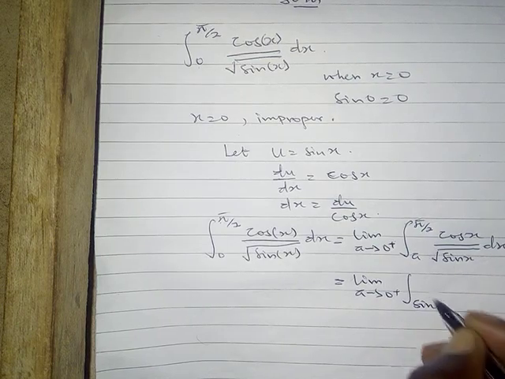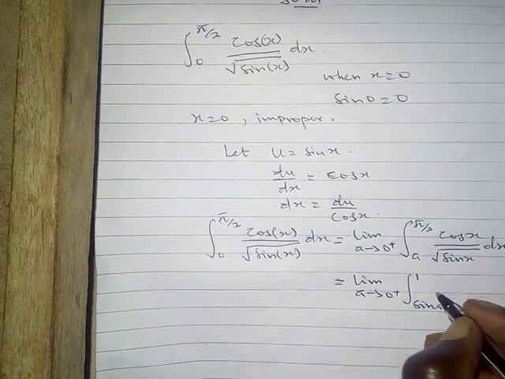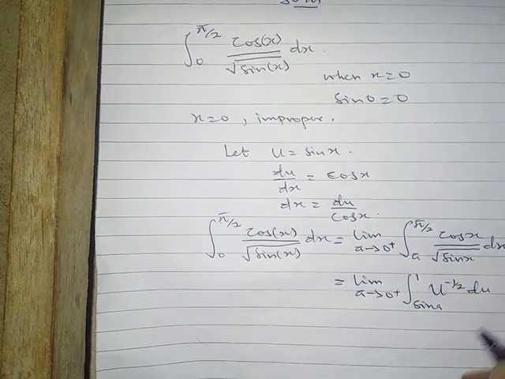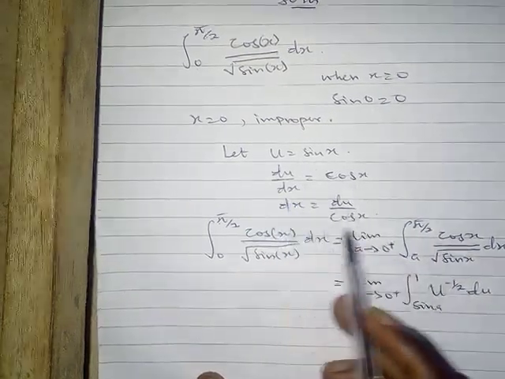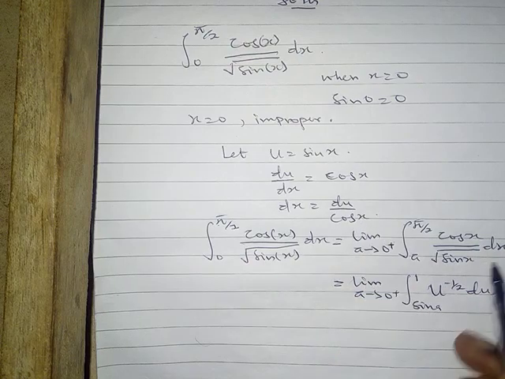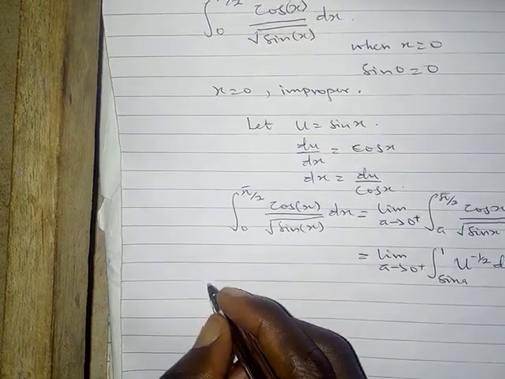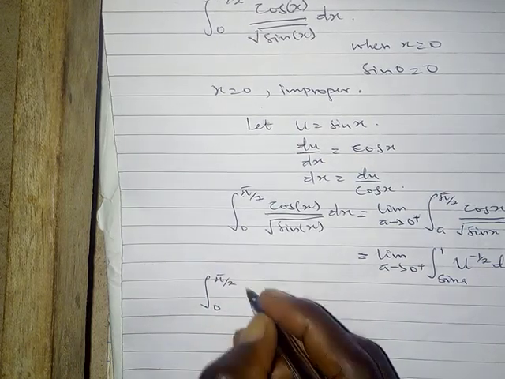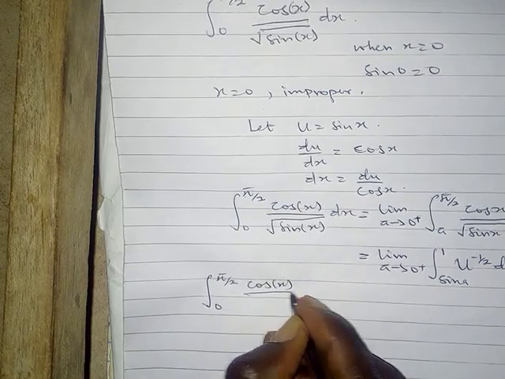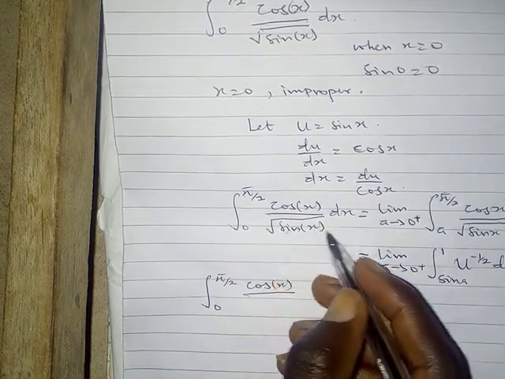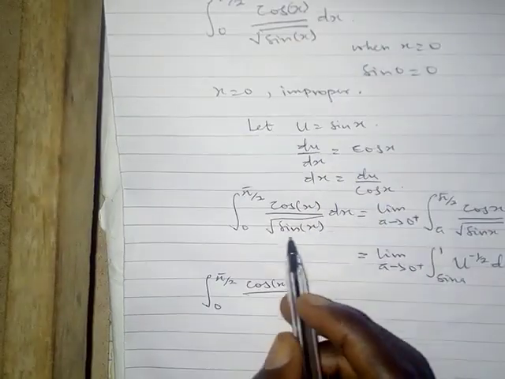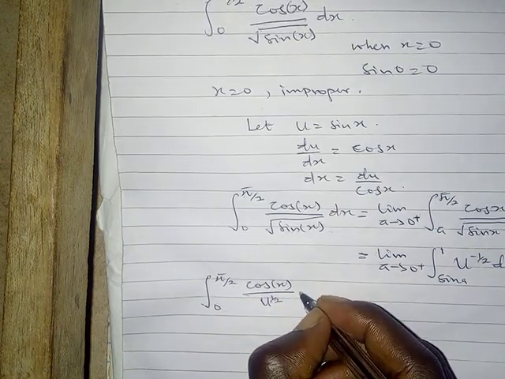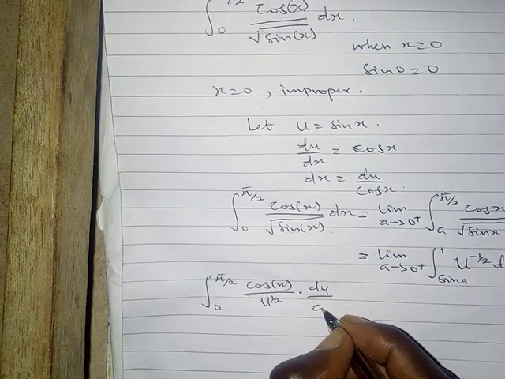Let me simplify it for you to see. Let u equal sine x, so sine x is u, and we have u to the power of 1 over 2 times du over cos x.